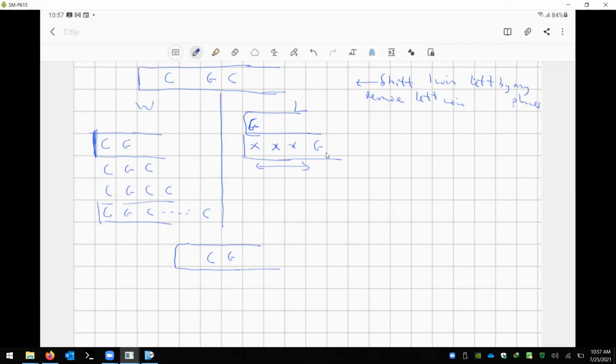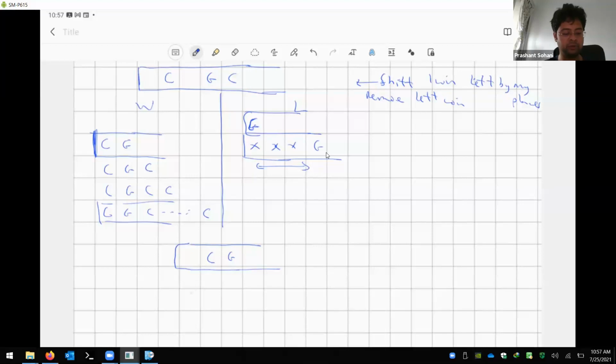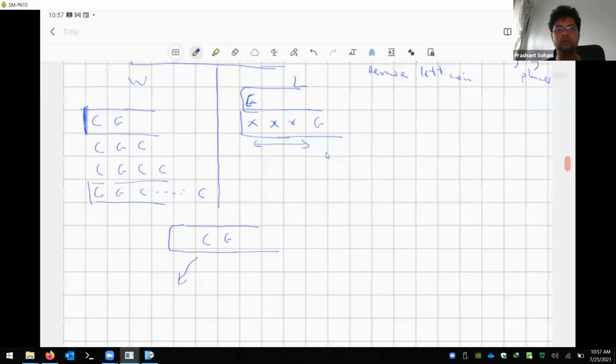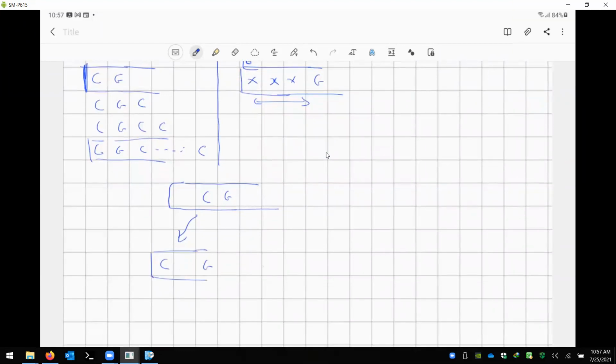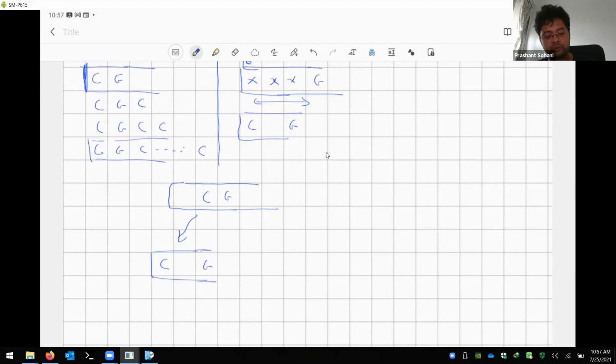To find out, we look at the possible positions you can reach from here. There are only two possibilities: he will move the coin to the left, or we can remove it, and both of them are losing positions. So CGC followed by any number of spaces and G is a losing position.